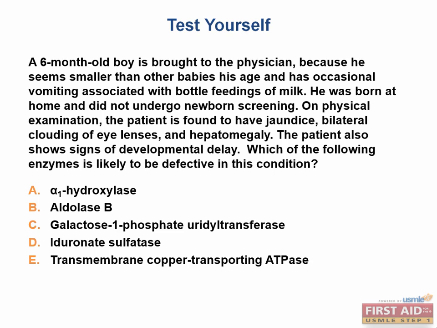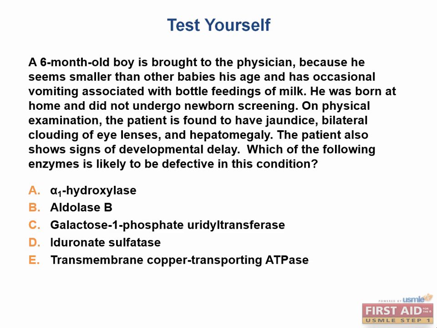A 6-month-old boy is brought to the physician because he seems smaller than other kids his age and occasionally vomits when given bottled milk feedings. He was born at home and did not undergo newborn screening. Ooh, that'll make you cringe. On physical exam, the patient is found to have jaundice, bilateral clouding of the eye lenses, and hepatosplenomegaly.